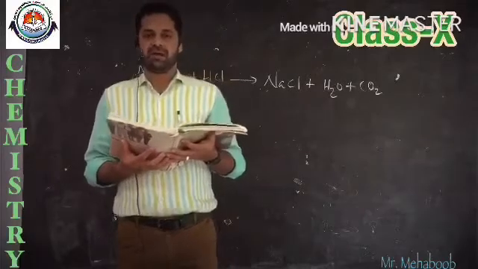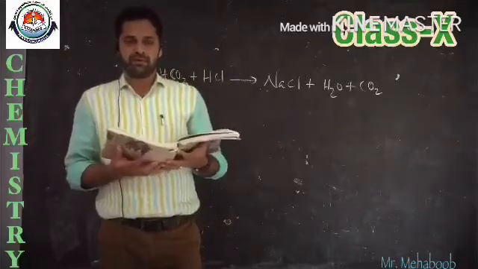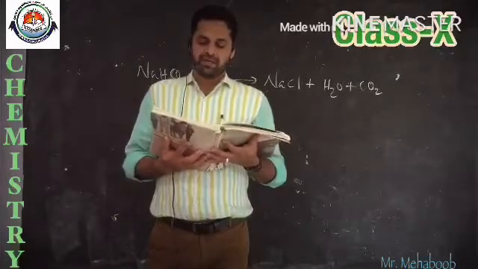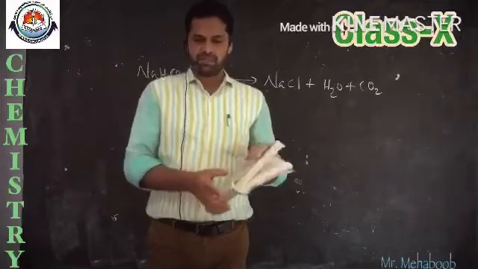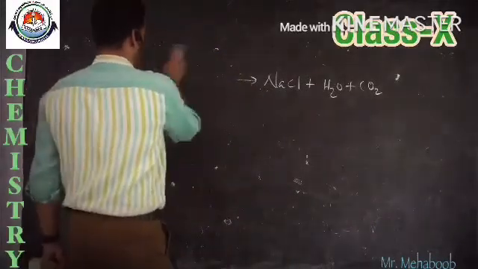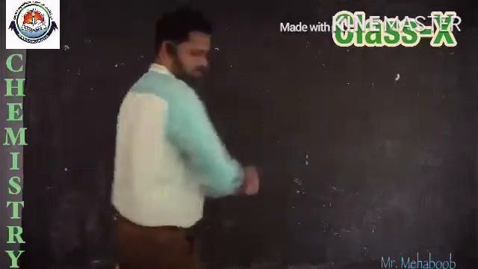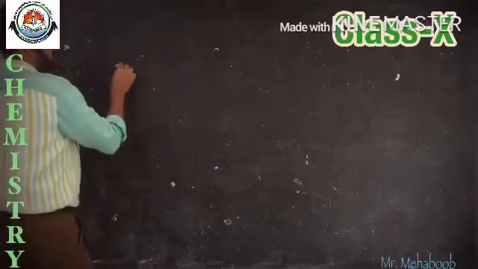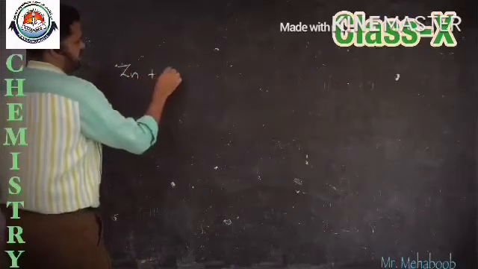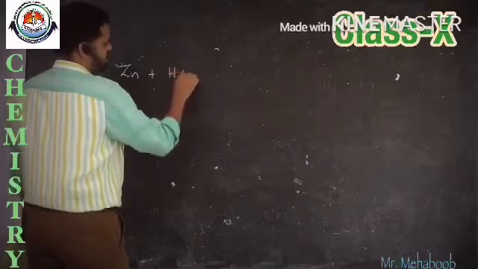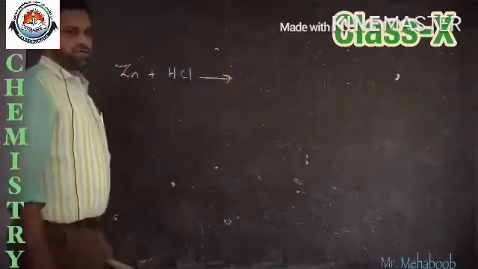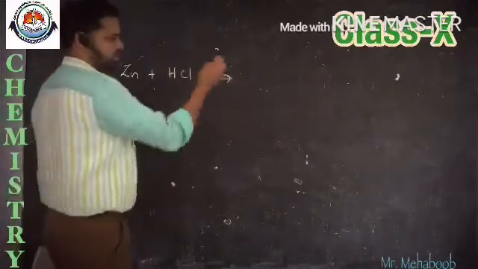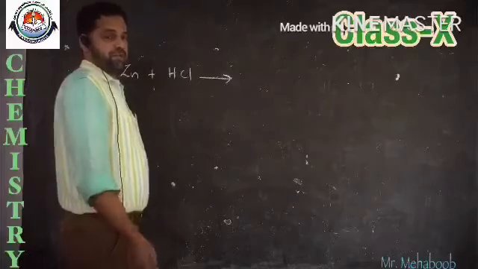You have already studied how to balance a chemical equation in the first chapter. So the reaction between zinc granules and dilute hydrochloric acid: zinc plus dilute hydrochloric acid, HCl. In the reaction between metals and acid, which gas is liberated?